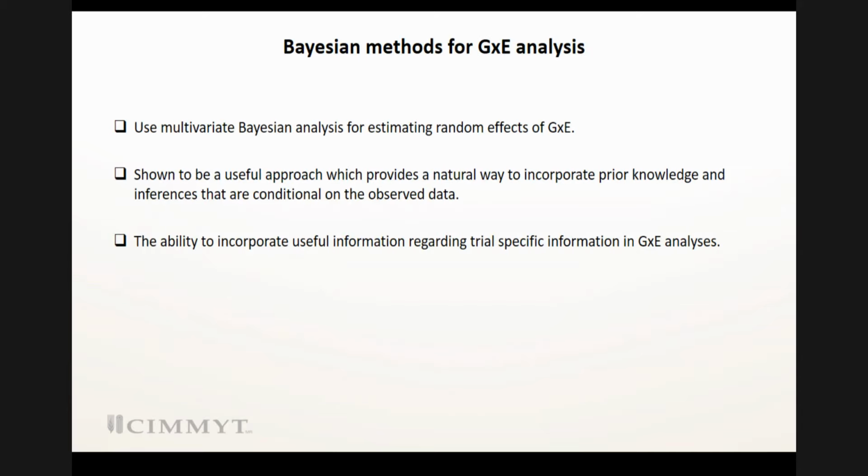I also will look at Bayesian methods for G by E analysis, which are slightly different from the mixed model approaches, which I've explained in the preceding slides. So with this approach, a breeder can incorporate prior knowledge and inferences that are conditional only on the observed data.